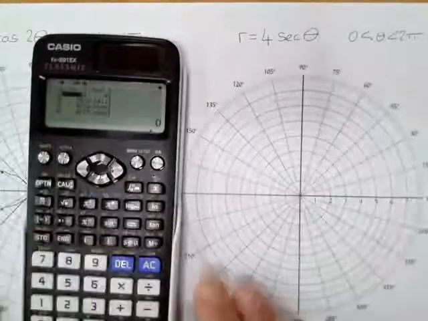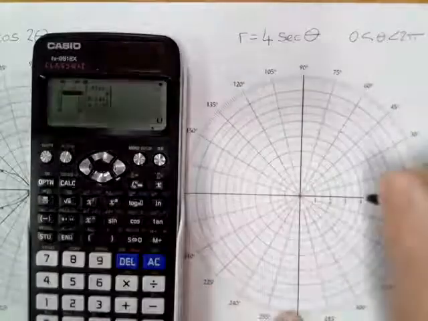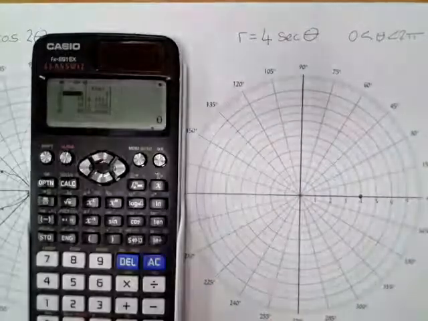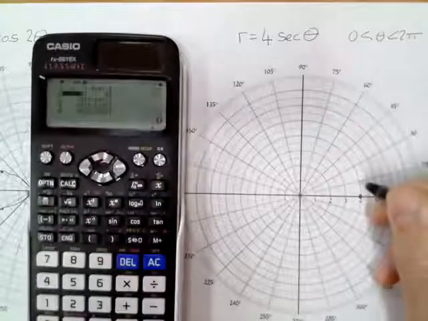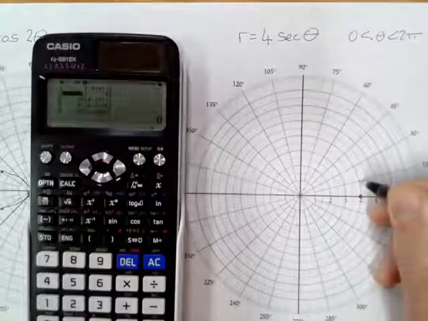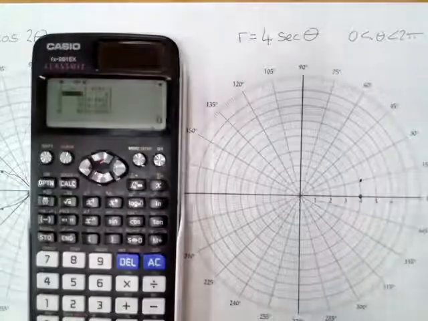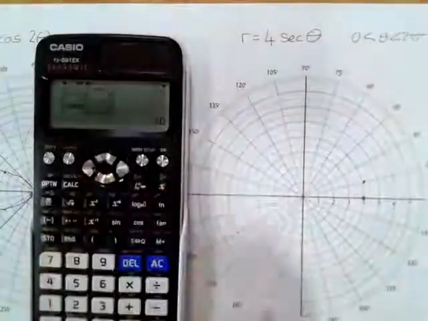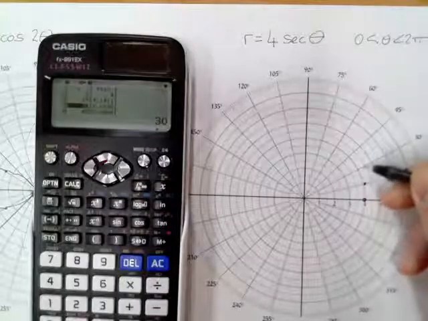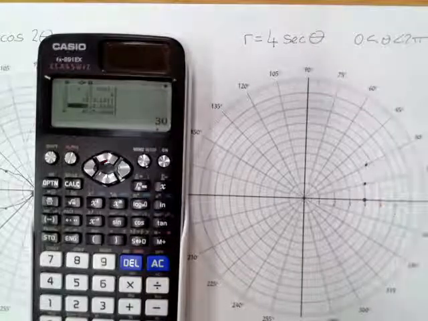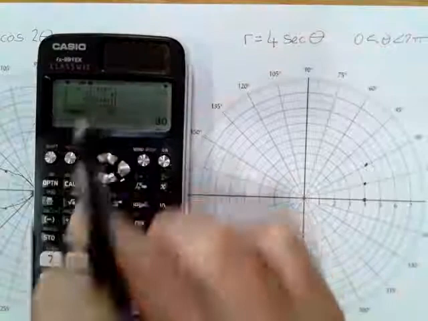Okay, so you'll like this one. So at 0 it's 4, it is here. At 15 degrees it's 4.1, so it's a little bit more than 4. So here's 4, but I'm going to go just a snippet further out. 30 degrees is 4.6, so that's just past there, like that. Can you see what's happening?